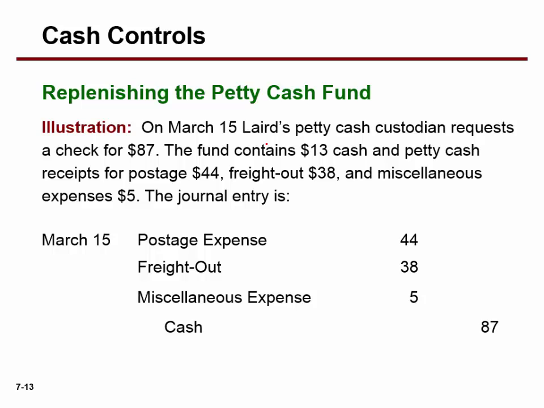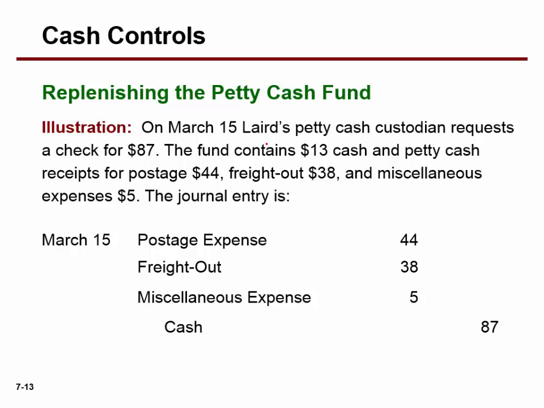We're going to sit there and we're going to do what? We're going to take some cash now, $87, and we're going to put it back into the petty cash fund. Does the petty cash fund have $100 in it again? Yes. I credited cash for $87, right?